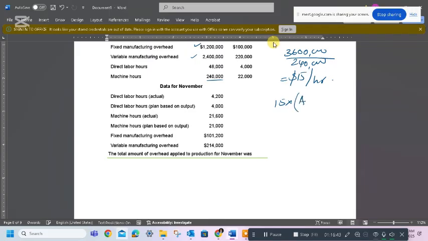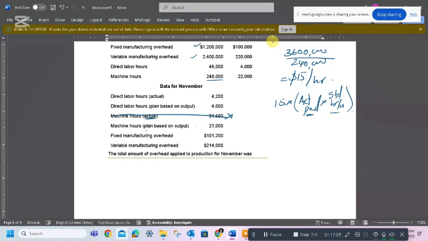You take the actual production multiplied by standard hours per unit. That means each unit you produce, how many hours it must take. Not the actual hours. We will not use that one.